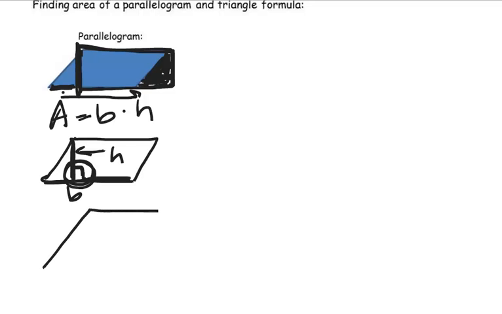Now I'll do my best to draw you a parallelogram. If my height is not given inside my parallelogram, think back to when we were working with triangles. Sometimes that height is going to be given outside, just like we had with triangles.